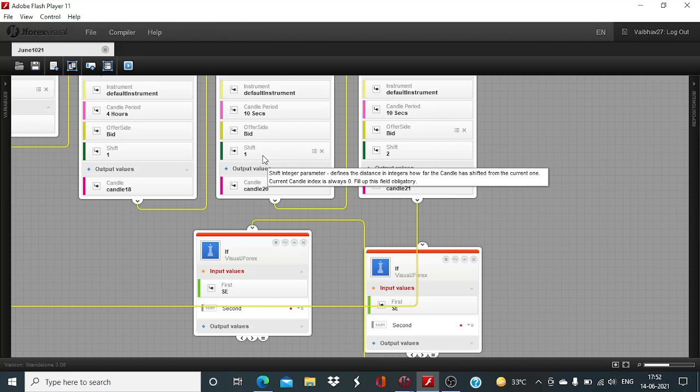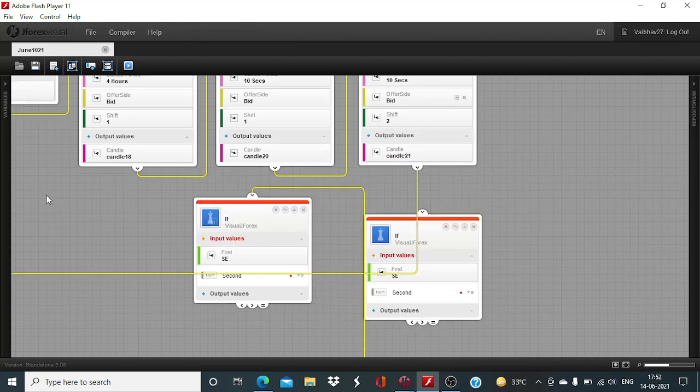Candle 20 has the look back period of 1, so its close needs to be below the SE, whereas candle 21 has the look back period of 2, so it should have closed higher.